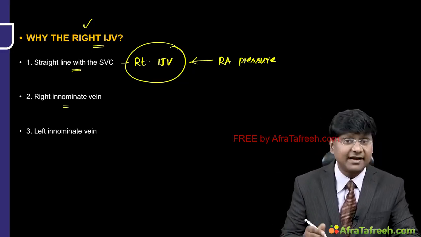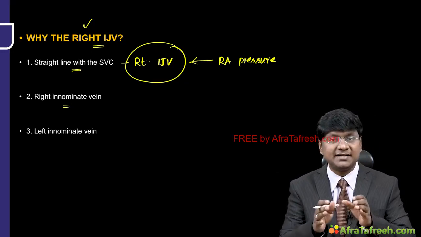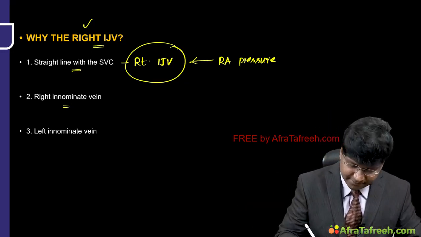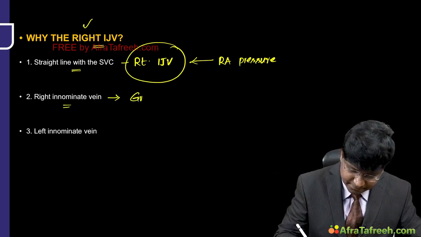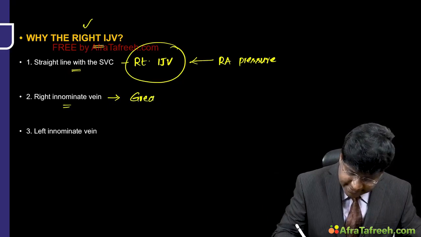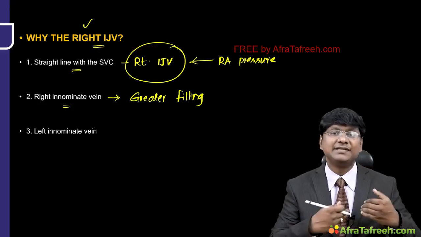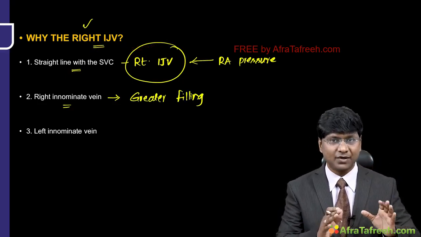Next is the right innominate vein, which is nothing but the right brachiocephalic vein. There is greater filling of the right innominate vein from the right side of the head, okay?